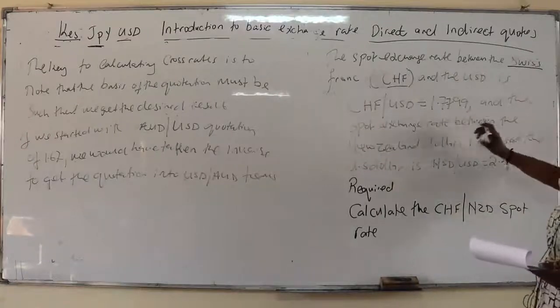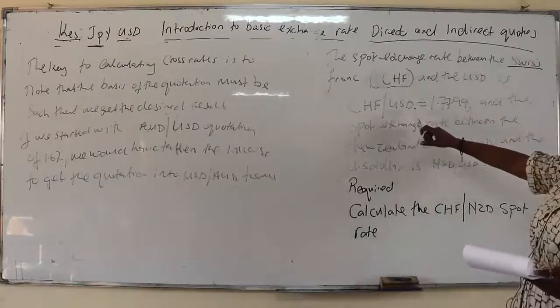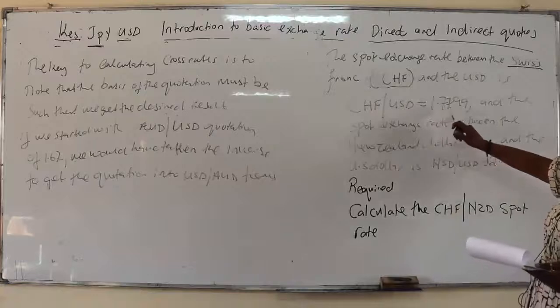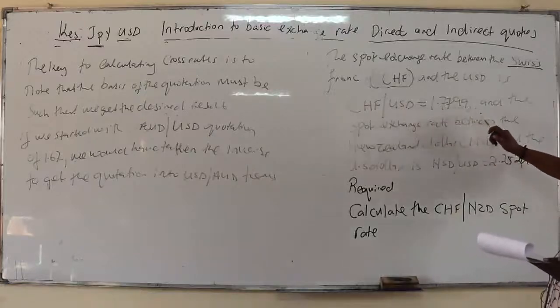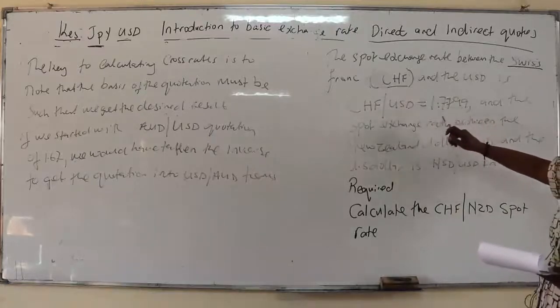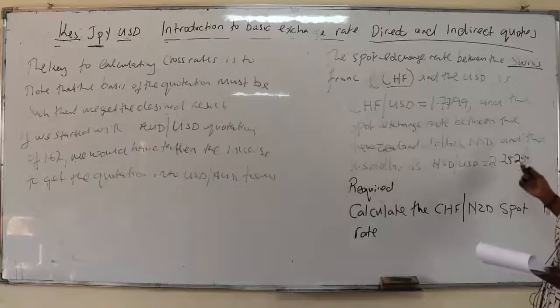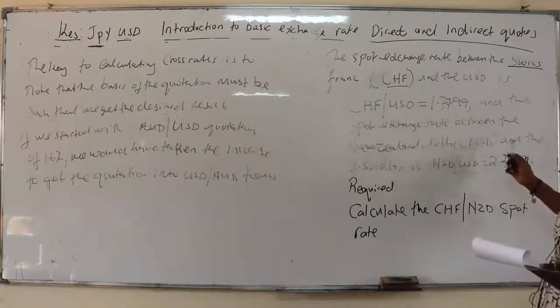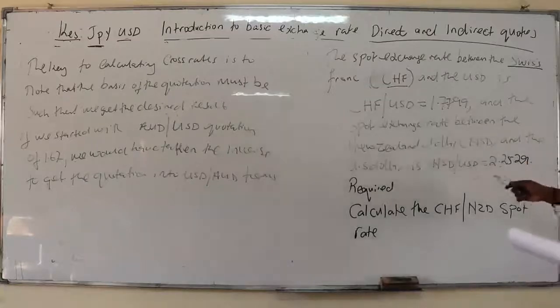That means for the US dollar, it is going to cost 1.7799 Swiss franc. And the spot exchange rate between the New Zealand dollar and the US dollar: for one US dollar, it's going to cost 2.2529 New Zealand dollar.